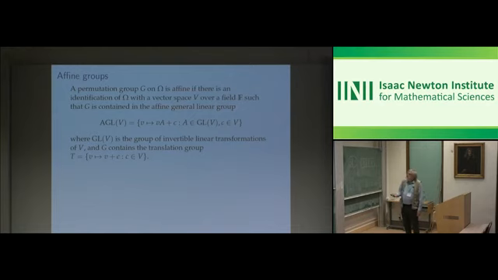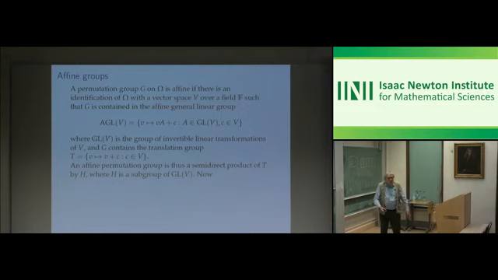So an affine group will mean a semi-direct product of T with a subgroup H of the general linear group. So you must include the full translation group, but you're allowed to take any group of linear transformations. You don't have to take the full group. So that's affine.